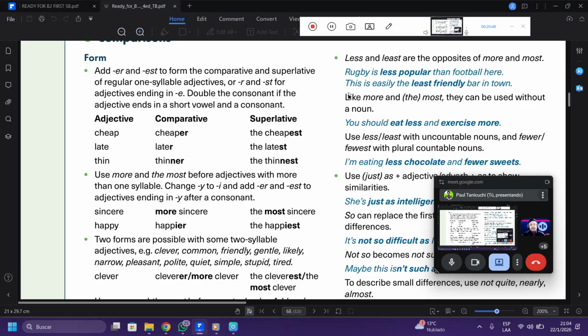No, but in this case it doesn't work because we're talking about superlatives. After least, you have to use an adverb or an adjective.